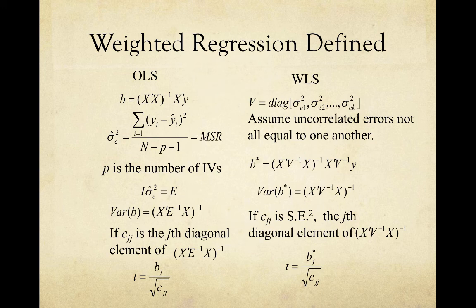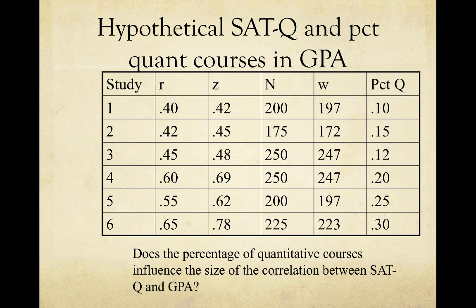The diagonal elements are the sampling error variances of our regression weights. So here T is B star sub J over the square root of C sub JJ. The difference is we're just using these inverse variance weights in calculating the regression weights and their standard errors.